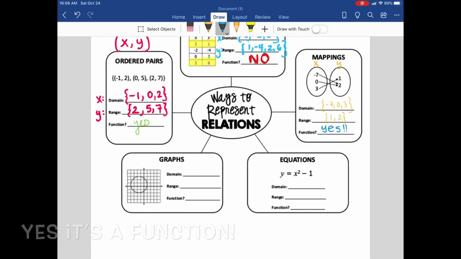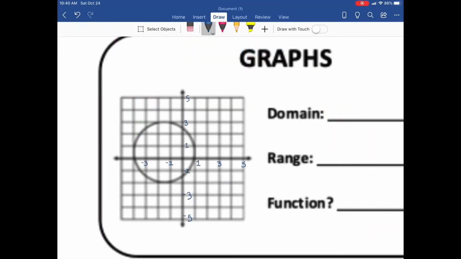So I enlarged this a little bit for the graph so we could see more clearly. One thing that we want to be keeping in mind is that the horizontal values are the x values. Those are our domain values. The y's, that's the vertical, and those would represent the range.